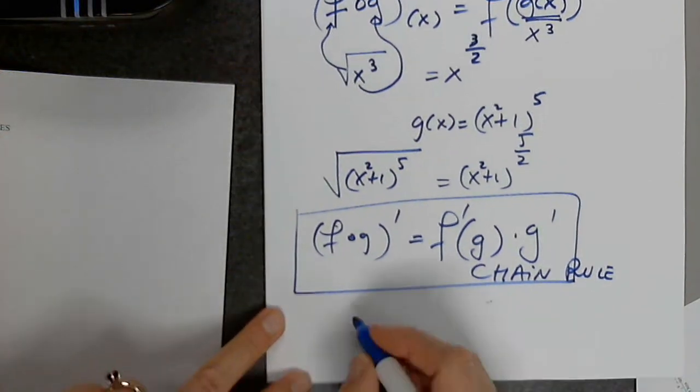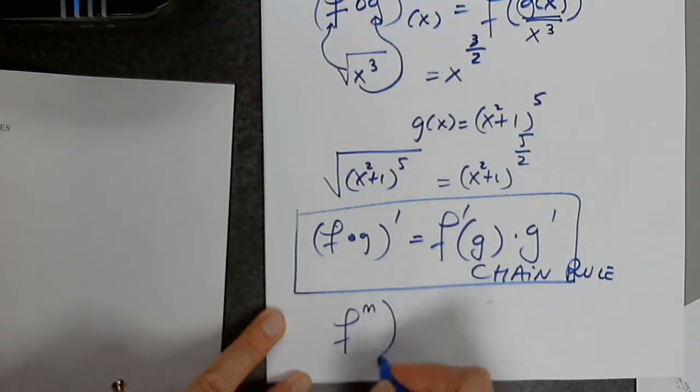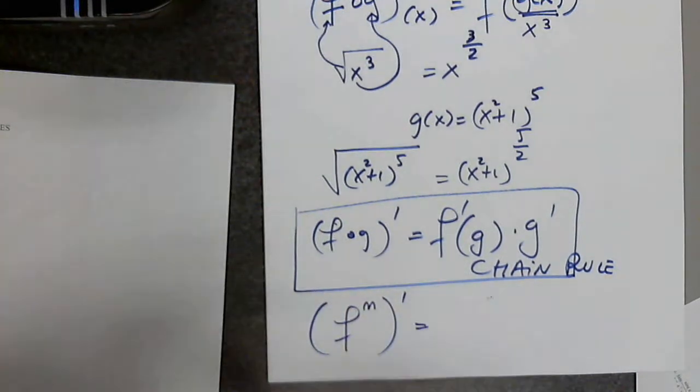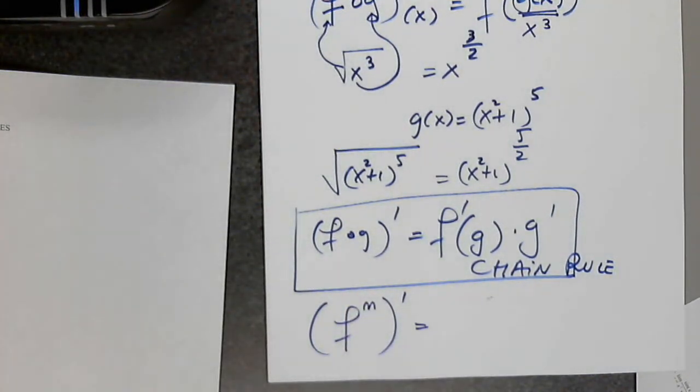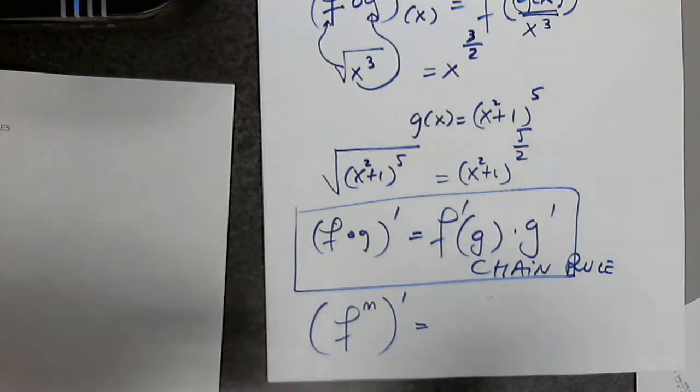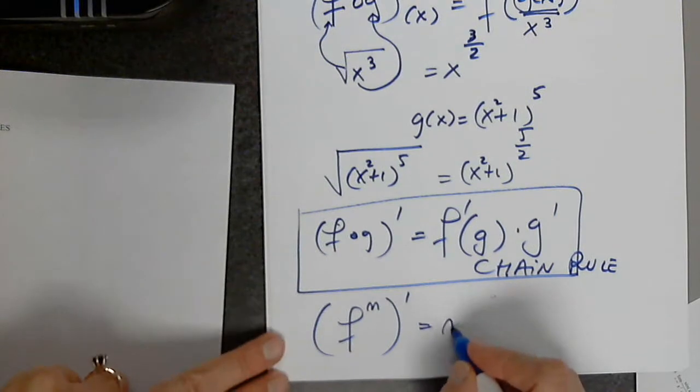Now I may have a function raised to a power. Here I'm combining the power rule with the chain rule. If this is plain x, I will say n times x to n minus 1, and I'm done. But it's not plain x. It can be any complicated function. What do you think the answer would be? I still bring n in front.